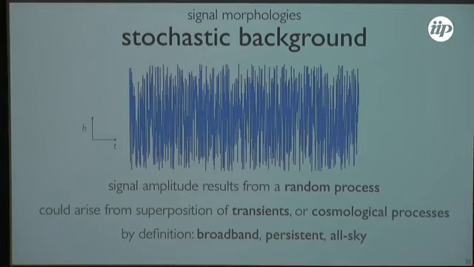And that means that the gravitational wave amplitude arises from a random process, okay? It's not following a coherent template from time to time. At each time, the specific amplitude will be a random number, essentially. But this random process will have specific properties depending on how it's produced.